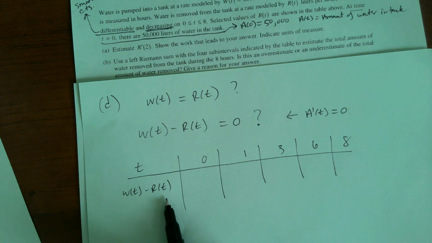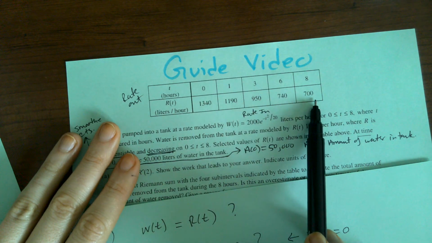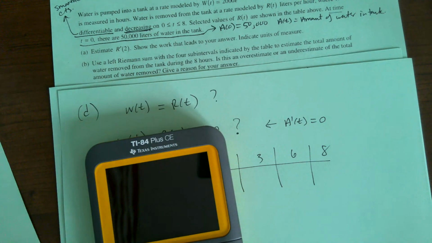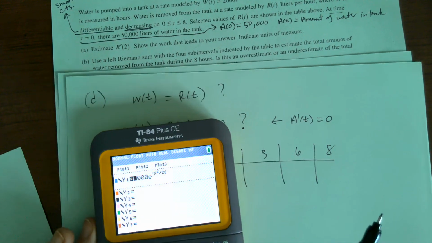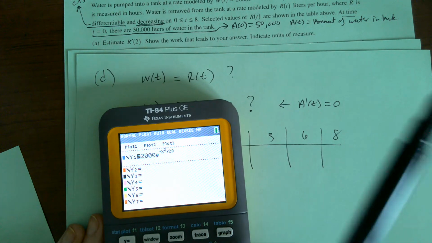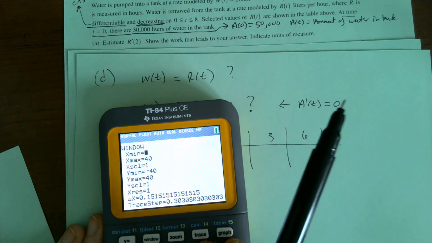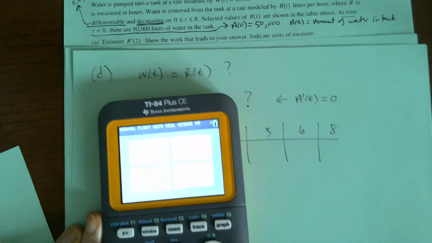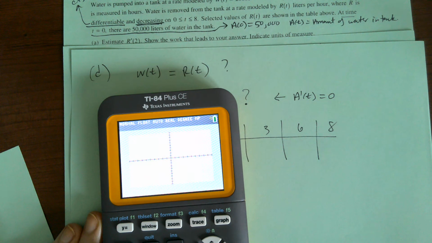Now, W of T minus R of T. The R of T values I've already got right here. So I've just got to subtract them from my W of T values, which I will get from my calculator. And see, I already plugged W of T in there. Let me do zoom standard. I go like this.